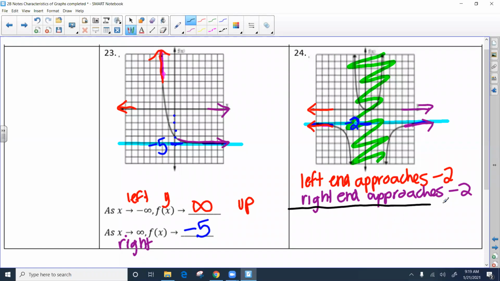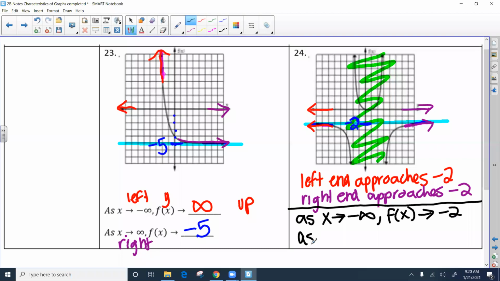Let's put that in our symbols. So if we're describing the left end, left and right is talking about x. So we would say as x approaches -infinity, that's the left end. F of x, that's the outputs, approaches -2. So this is saying the left end gets closer and closer to -2. As x approaches -infinity, f of x approaches -2.